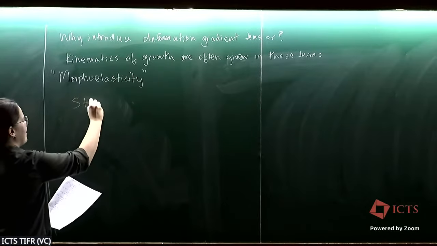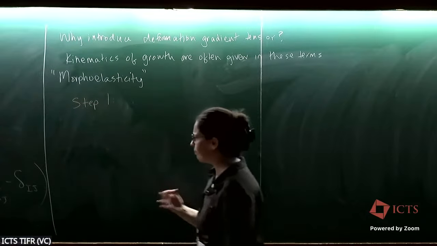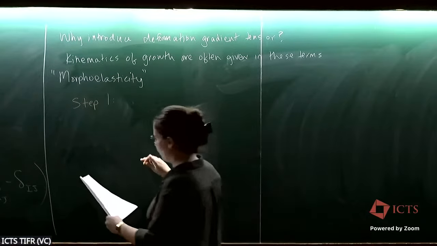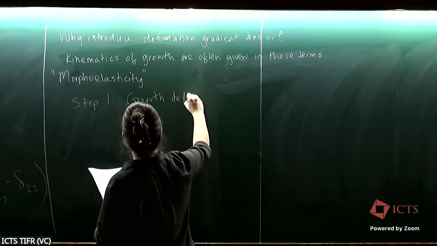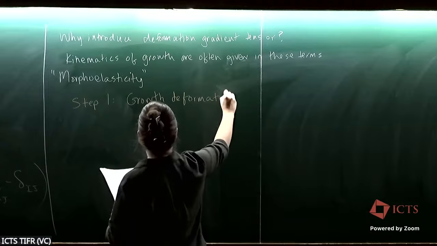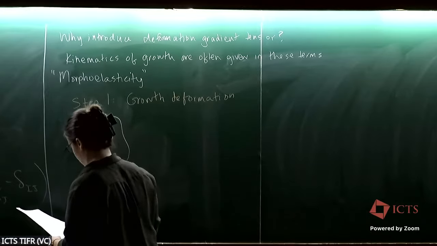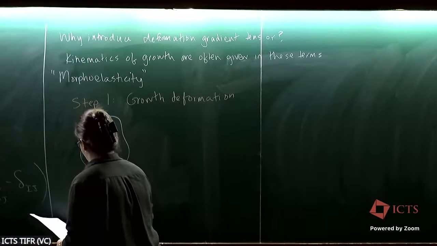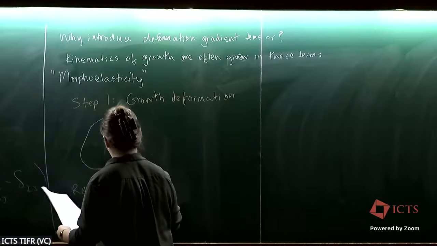So let's imagine a growth process that we can think of in 2 steps. The first step would be a growth deformation. We imagine a configuration that is some sort of reference configuration, just as we had before.